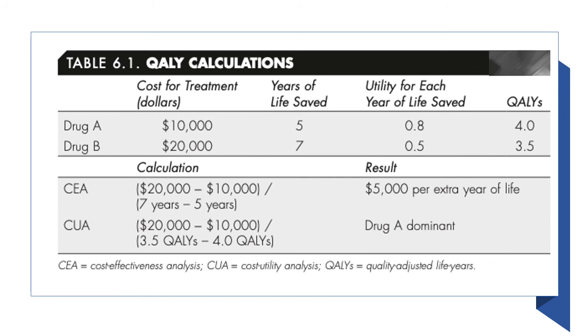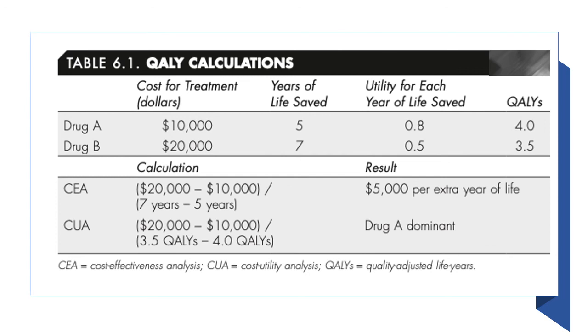The quality adjusted life years are calculated by multiplying the years of life saved by the utility for each year of life saved. That is 5 into 0.8, that is 4, and 7 into 0.5, that is 3.5. So for drug A, the quality adjusted life years is 4, and for drug B, the quality adjusted life years is 3.5.